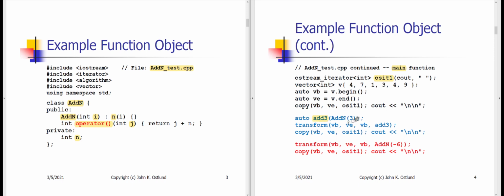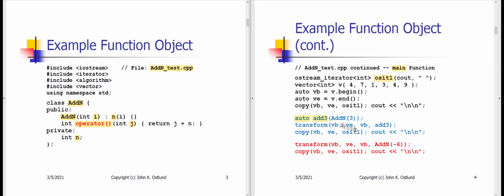By the way, I could have accomplished the same thing by saying add3 equals addN(3), or add3 and then curly braces addN(3). So I'm using the parentheses here as one of the 3 mechanisms that I can use for initializing the value of a variable. All right, so add3 is a variable. I'm initializing it by invoking the addN(3) constructor, and I'm letting the compiler figure out the data type of that thing by using auto.